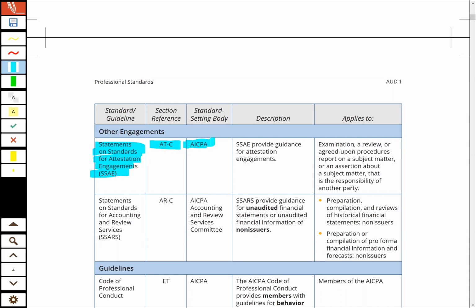Much of what we talk about on the auditing exam in this class is going to be in relation to the audit of the financial statements, but we are going to have to start to consider other types of engagements where auditors can give an attestation as to the fairness of other types of information that aren't embodied in historical financial statements. And we'll talk more about that when we get to those.